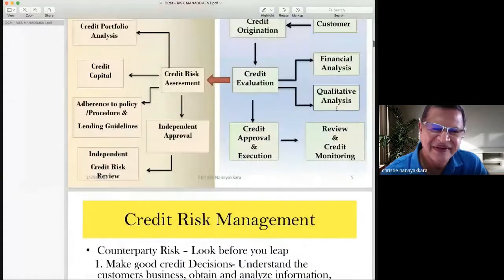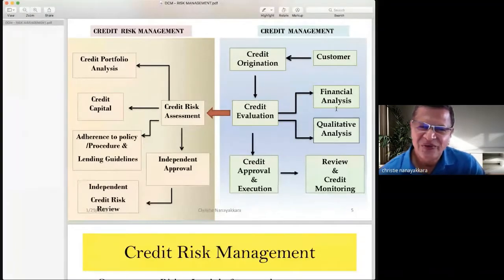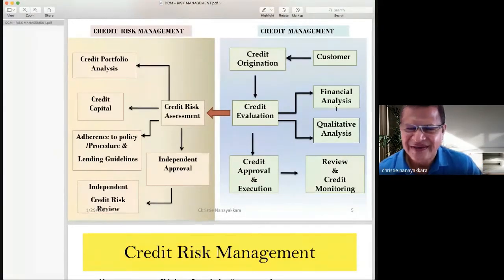Then we looked at what we could do on the business side. We do credit management as the risk owners of the bank. That is, we all face the customers, and we studied the first part of credit management, loan origination. Then we did the valuation and financial analysis.